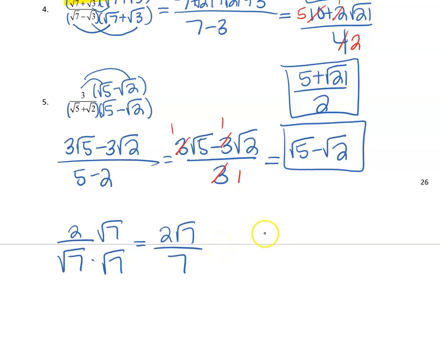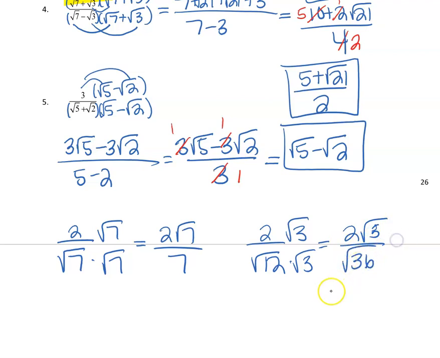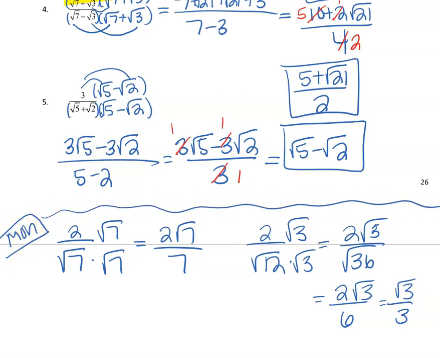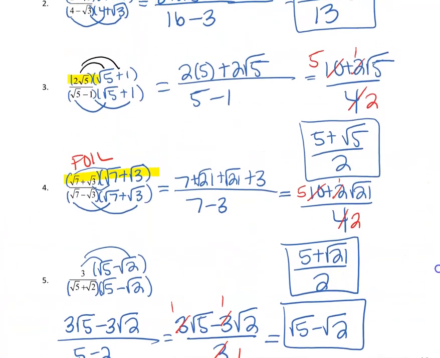Or you could do something like this, like if I had 2 over radical 12 and I wanted to rationalize that, I could multiply by a number that would create a perfect square, and then reduce. So just food for thought there, okay? So these are when you have the monomial denominators. This is when you have the binomial denominators.